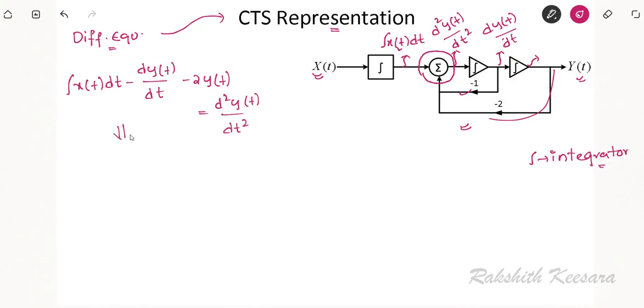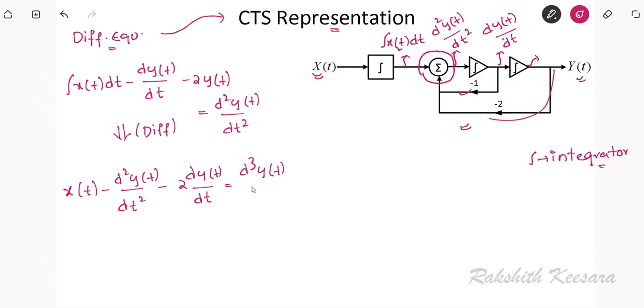If I differentiate this again, the answer will be x of t minus d square y of t by dt square minus 2 dy of t by dt is equal to d cube y of t by dt cube.